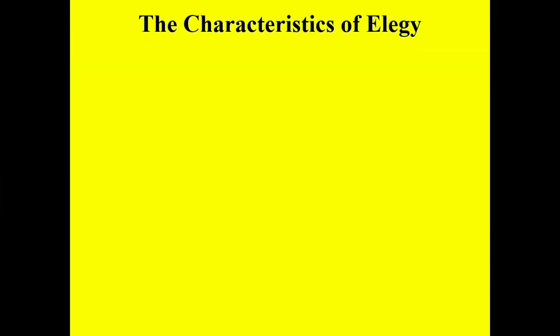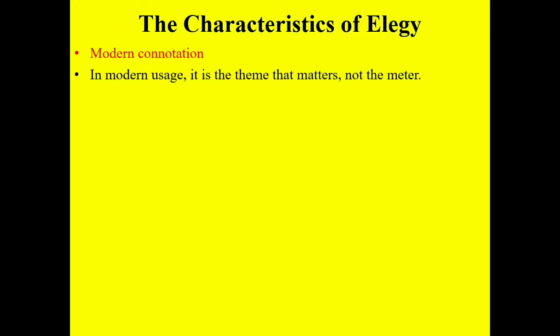Up to now, we have discussed the characteristics of classical elegy, or you can call it the Greek elegy. Now, let us see the modern elegy. If you look at the modern elegy, the usage of elegy changes because in modern elegy, the poets give importance to the matter or subject.